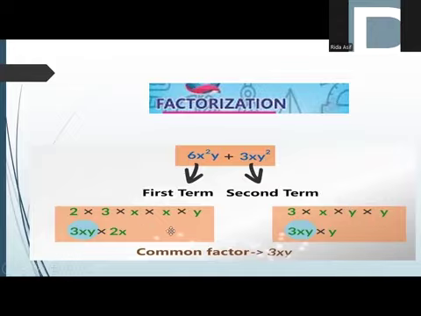In both these terms, we have the common term 3xy, right? In both the terms, first term and second term, this factor is common. So this is called the common factor, right?